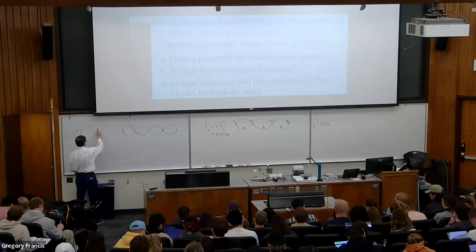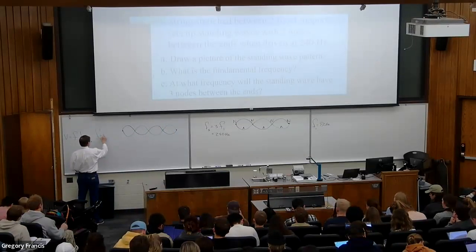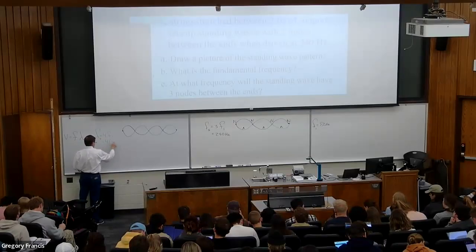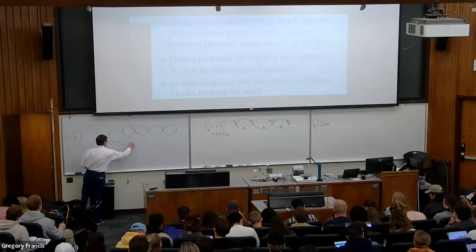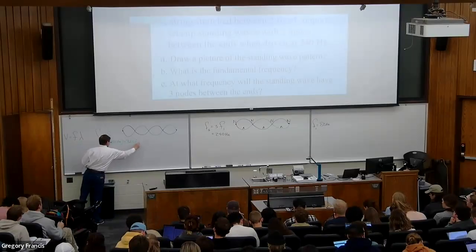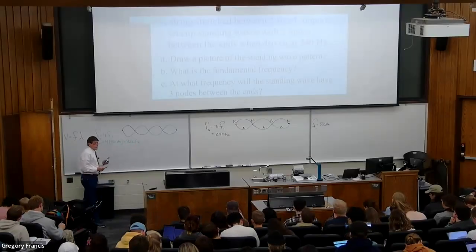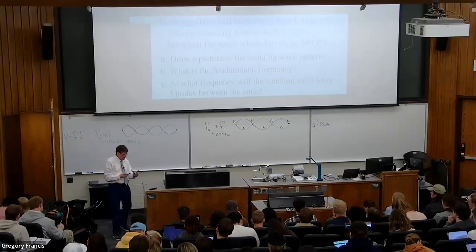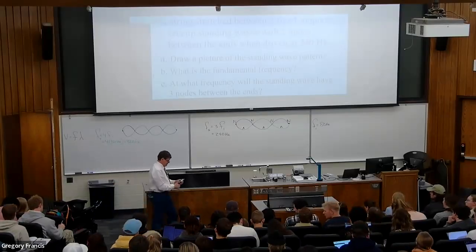And that's going to be F4, which is 4 times F1, or 4 times 80 hertz per second. That's 320 hertz. See if your neighbor found that trivial and would love to see that problem on the next exam.